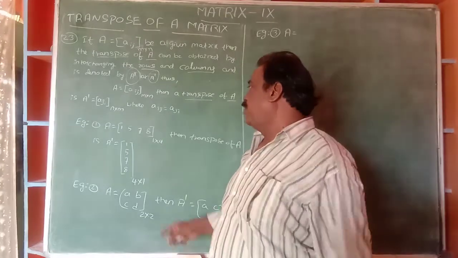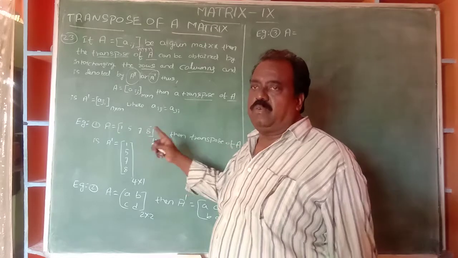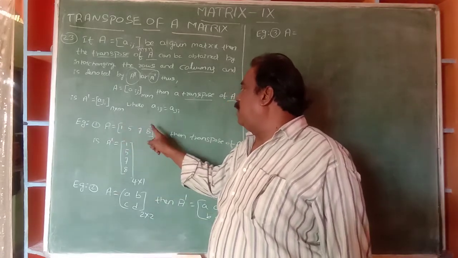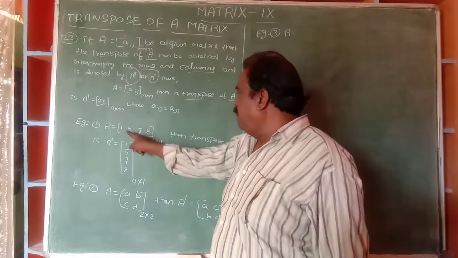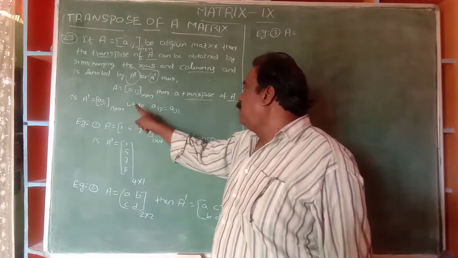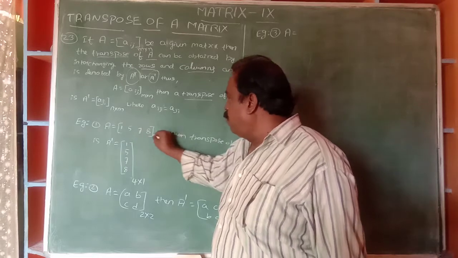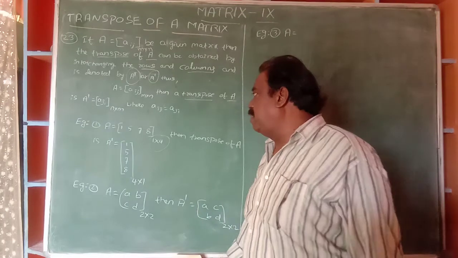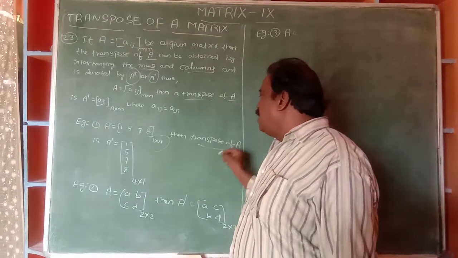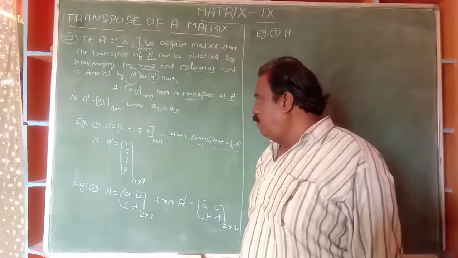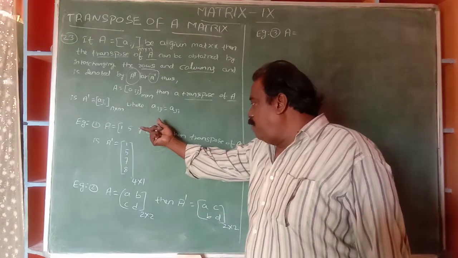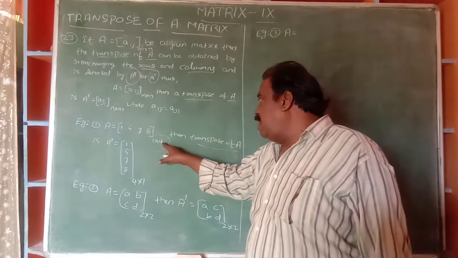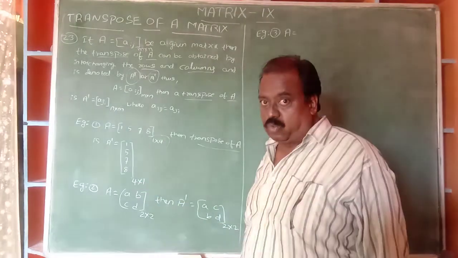Okay, now suppose one example we will take and we will learn it well. Capital A is equal to 1 5 7 8. It is a row matrix. One row and 4 columns are there. Okay? If we want to find the transpose of that given matrix capital A, A dash is equal to that one row becomes one column. 4 columns become 4 rows.